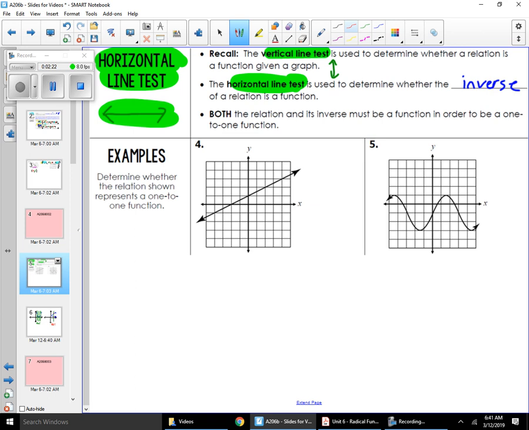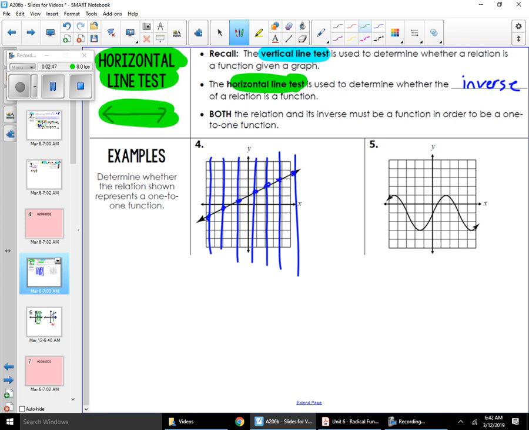So if we take a look at 4, it's just a plain old line here. Let's make the vertical lines blue. We'll do the horizontal in green. So if we take a look, we'll start first with the vertical line test, the old one. No matter how many vertical lines I draw, each one is only going to touch this relation in one spot.